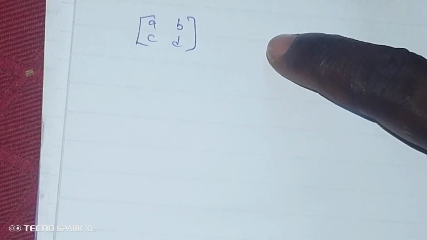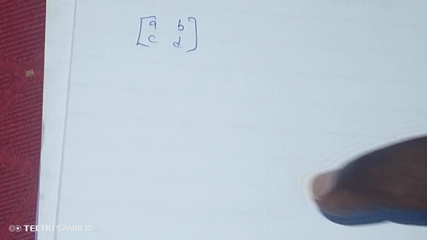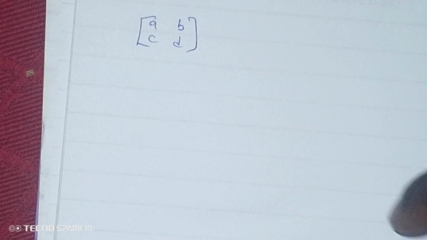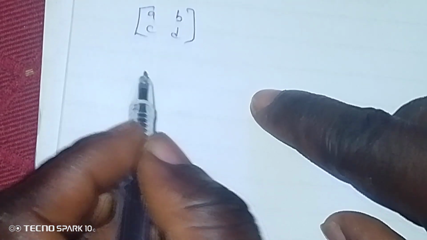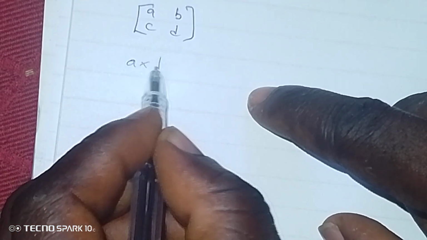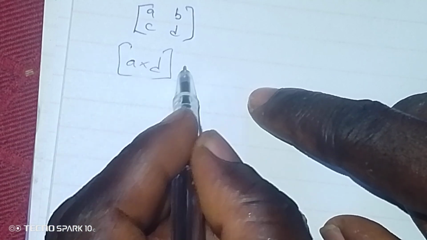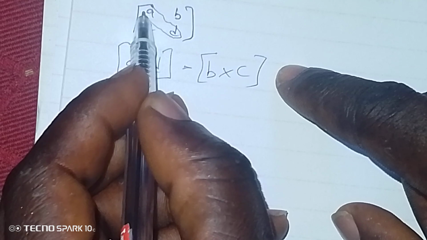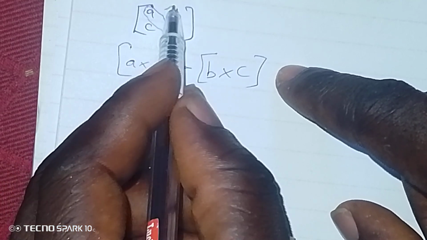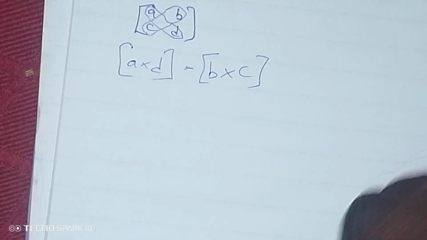If you have something like this, this is a matrix, and you're asked to find the determinant of this matrix, it will be done by saying A times D minus B times C. That is how to find the determinant of a 2 by 2 matrix.